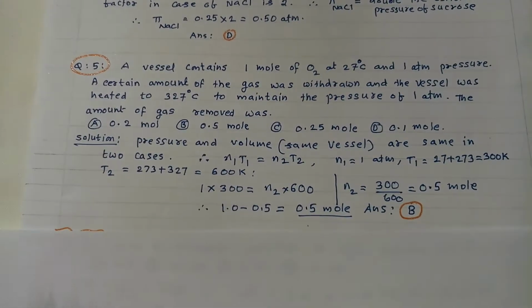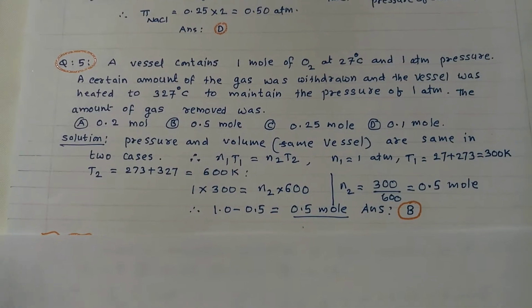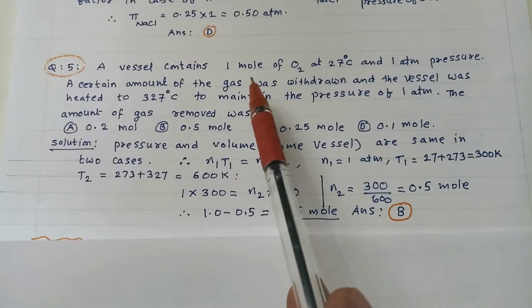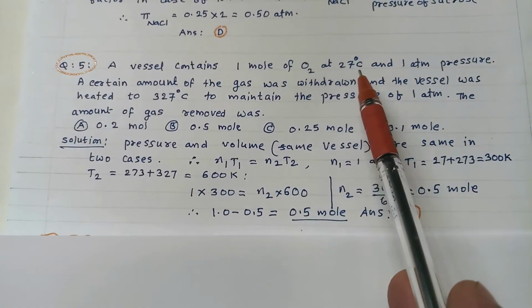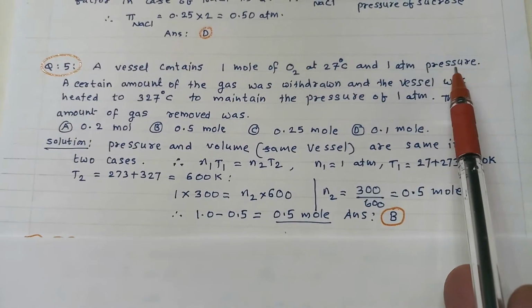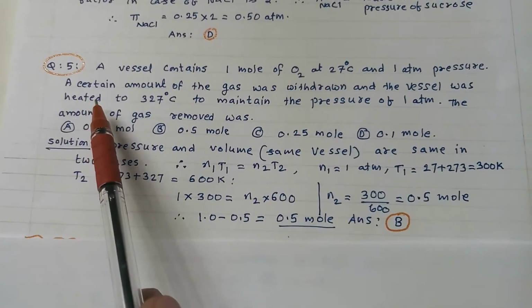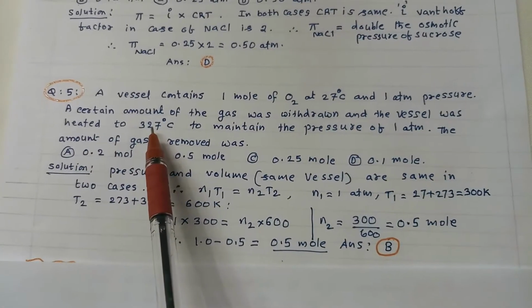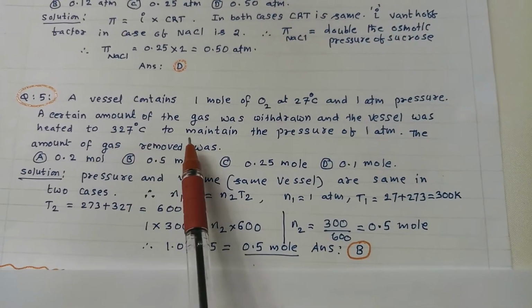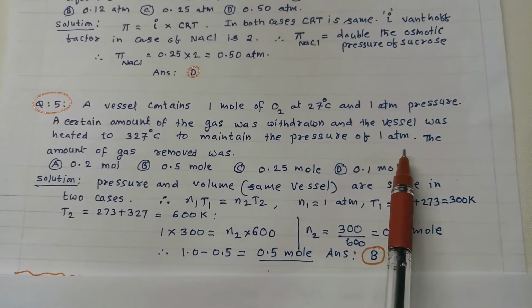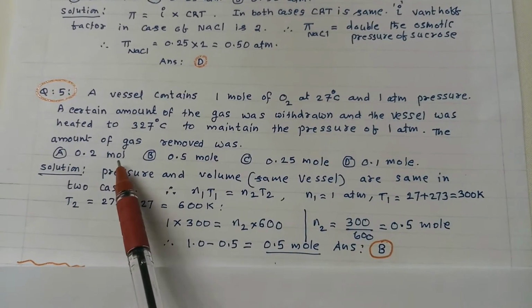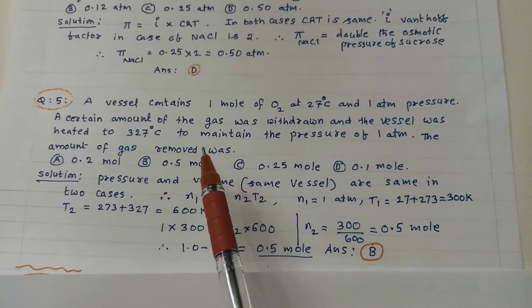This is pertaining to the gas state. A vessel contains 1 mole of oxygen at 27 degrees Celsius and 1 atmosphere pressure. It is heated to 327 degrees Celsius, maintaining the pressure of 1 atmosphere. The amount of the gas removed was.